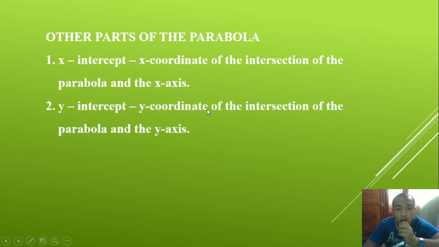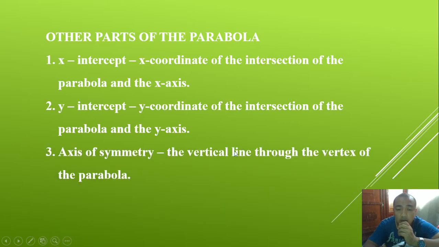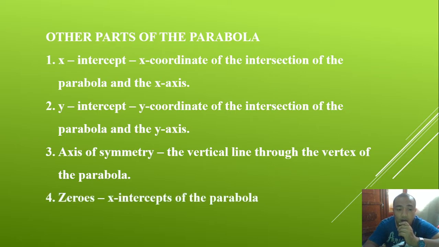How about the y-intercept? It is the y-coordinate of the intersection of the parabola and the y-axis. The axis of symmetry is the vertical line through the vertex of the parabola that serves as the mirror for the graph. Zeros are actually the x-intercepts of the parabola. Whatever the x-intercepts are, they are also what we call the zeros of the quadratic function.